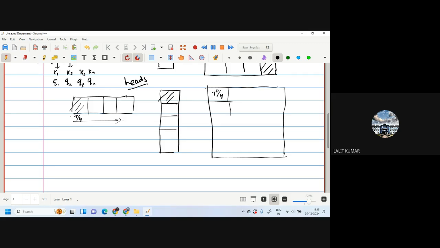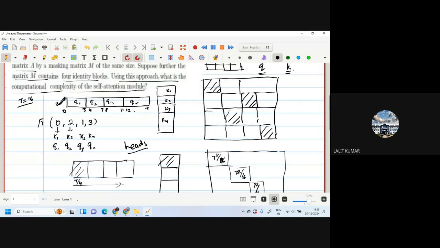The second will be T square by 4. Third is T square by 4. And the fourth is, sorry, this is T square by 16. T square by 16, T square by 16, and T square by 16. So your complexity, the number of multiplications and additions, if you add them, this will become T square by 4.